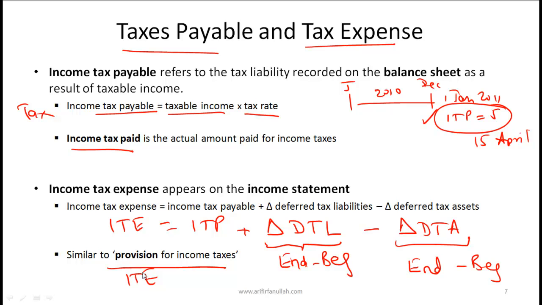What you see in the income statement is the provision, your estimate or your financial accounting based number for what the income tax expense should be, and hence it's called a provision. So whenever you see provision for income taxes, think of it as synonymous with the income tax expense that you see on the income statement.